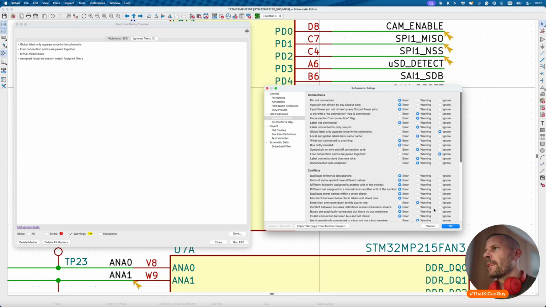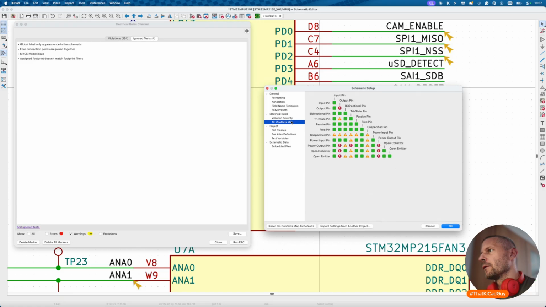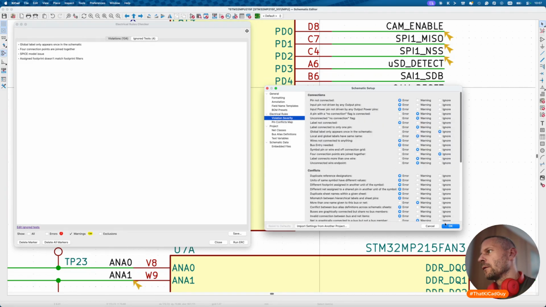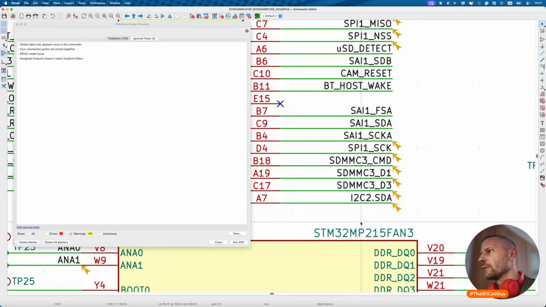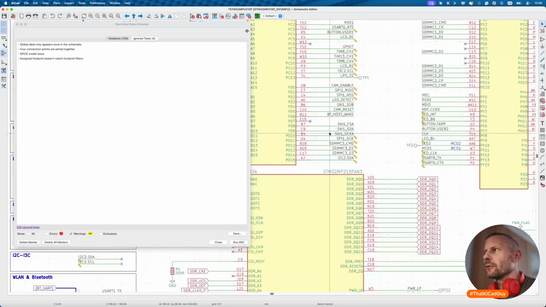All other aspects are identified as error or warning. So does it mean that I need to, I don't know how to solve it.